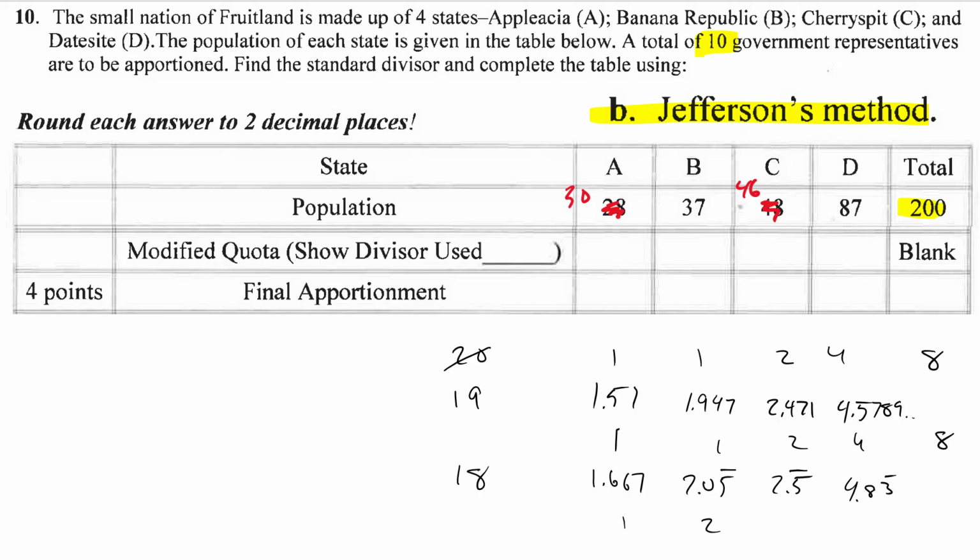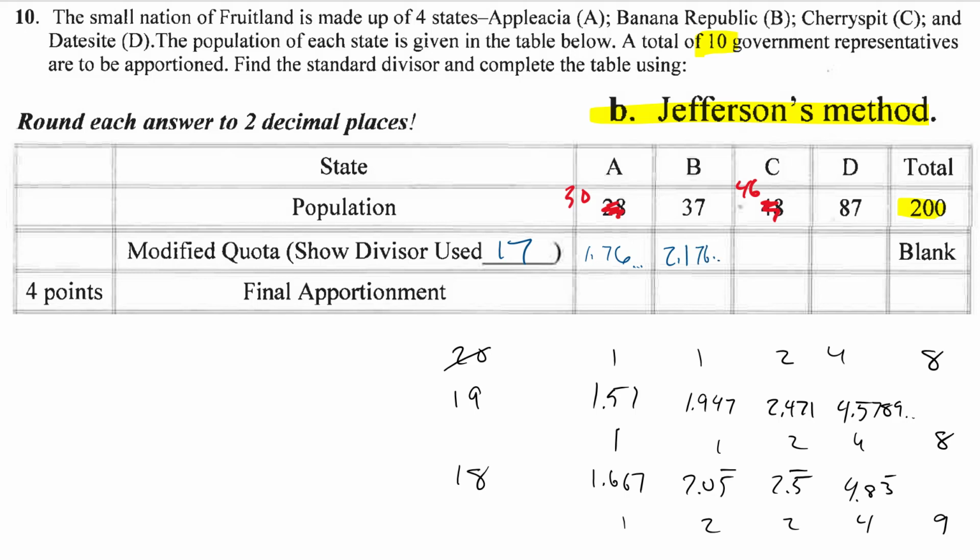I do my round down process, and I get 9, so that's a little better. But we're going to dive in and use 17. So 17 gives me a 1.76, and then some other stuff. We'll see if it matters.